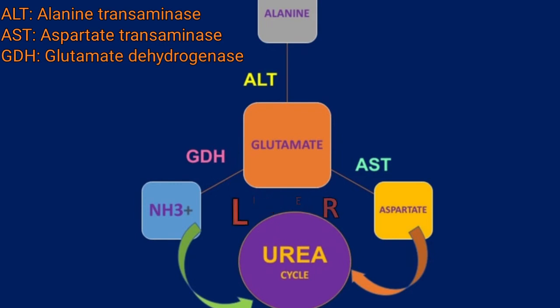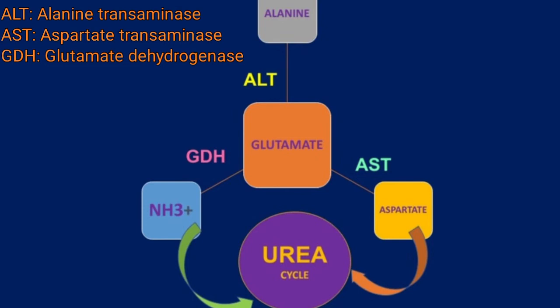The purpose of the urea cycle is to remove nitrogen, ammonia, from cells, from the body, in a non-toxic form, detoxifying ammonia. So that's what the urea cycle does.